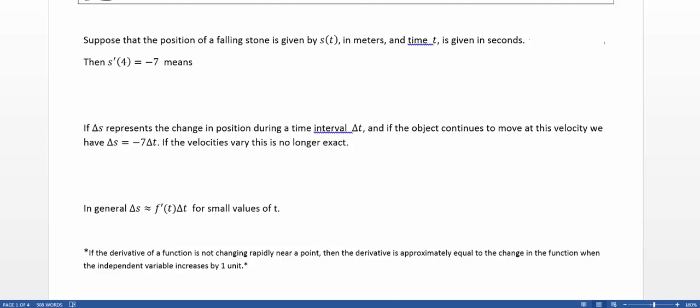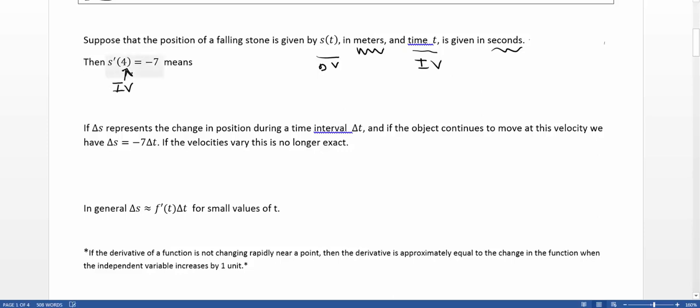Now here, s of t is our dependent variable, and that's given in meters. And time t is our independent variable, and that's given in seconds. So when we talk about s prime of 4, the derivative at 4, the number that you plug into a function or the derivative, or really any number you plug in anywhere, is always an independent value.